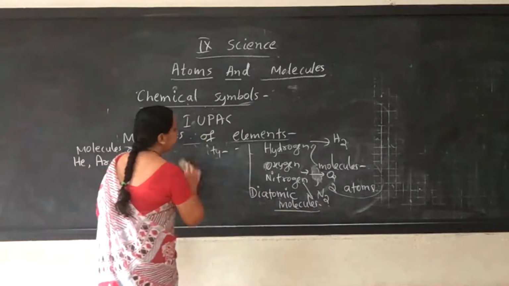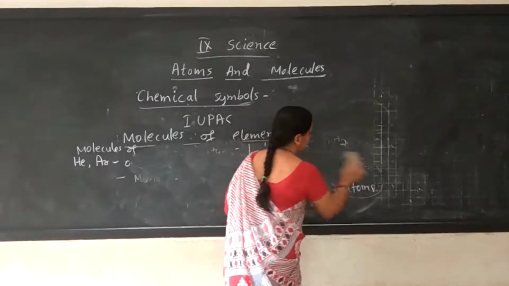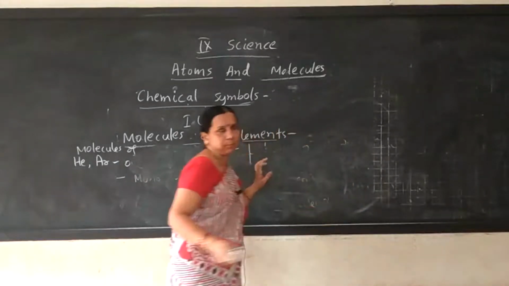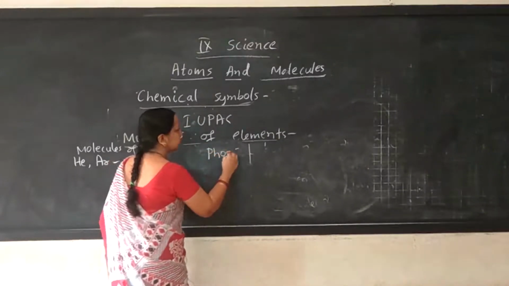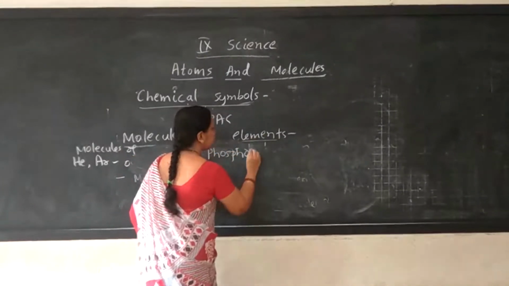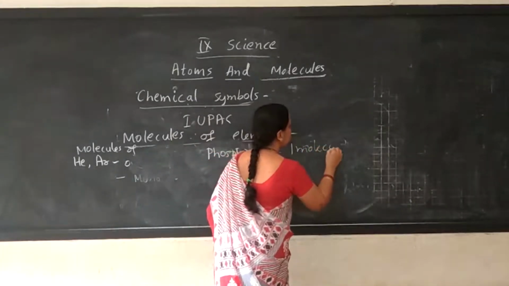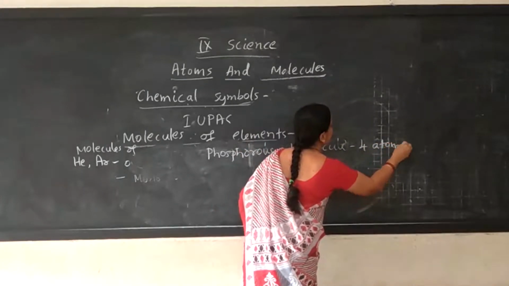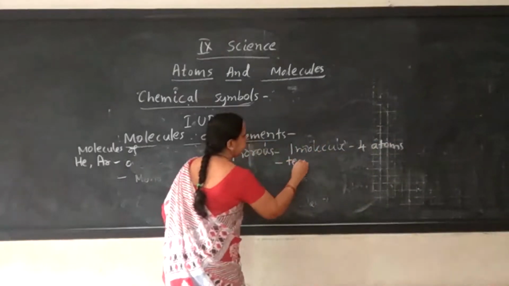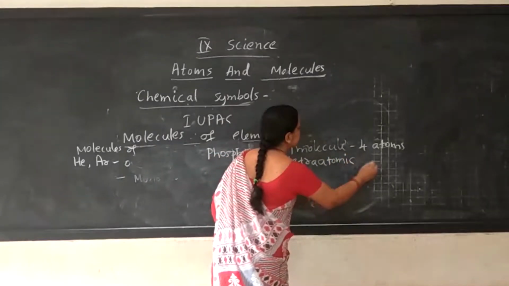There are more than two atoms in the molecules of some elements. For example, in phosphorus, one molecule consists of four atoms. So we call it a tetraatomic molecule.